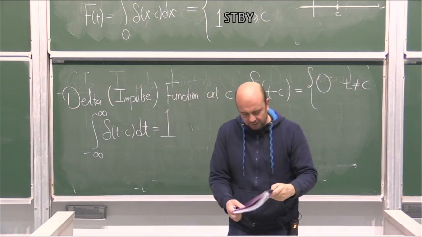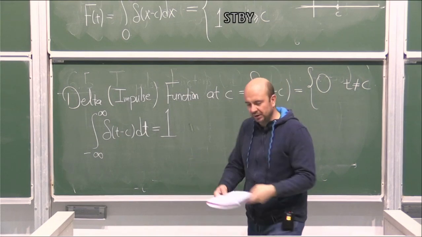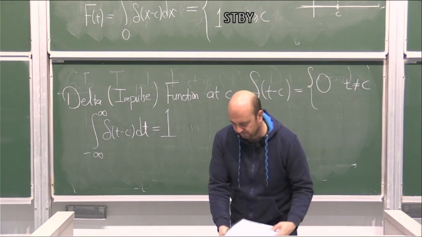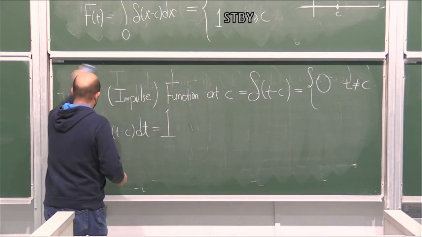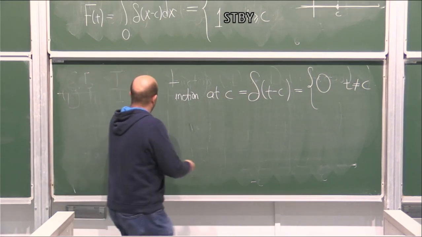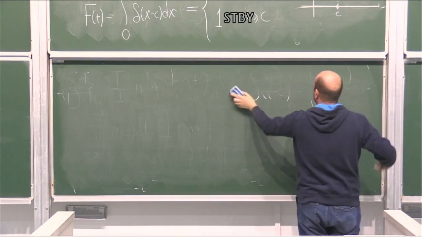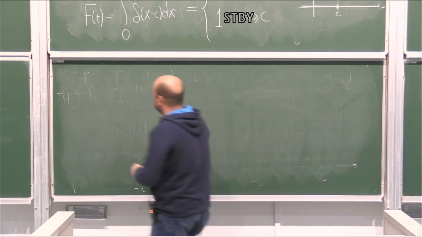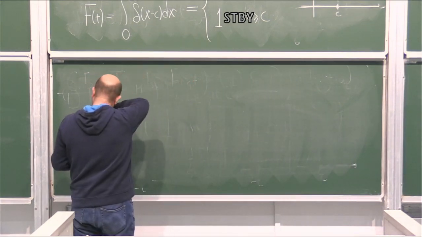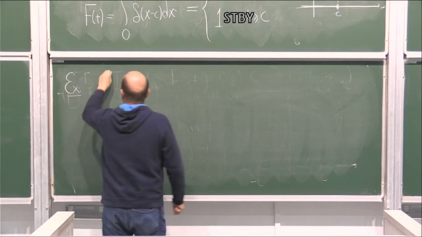Let me compute the Laplace transform of this and finish today's lecture. All right. But before this, I want to do a quick computation, which will help me to do this. Let's look at the following thing.